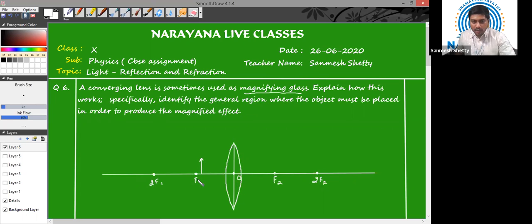So I have kept an object between F1 and O. Let us first draw a parallel ray, a ray which is parallel to the principal axis. It will pass through the principal focus like this. Now I'll retrace this ray in the backward direction, somewhat like this. Now let us draw another ray from our object which is passing through the optical center.